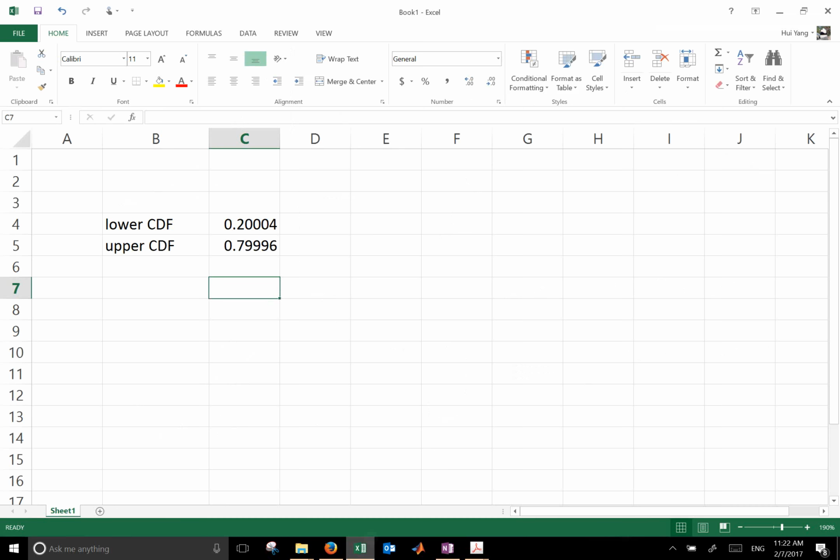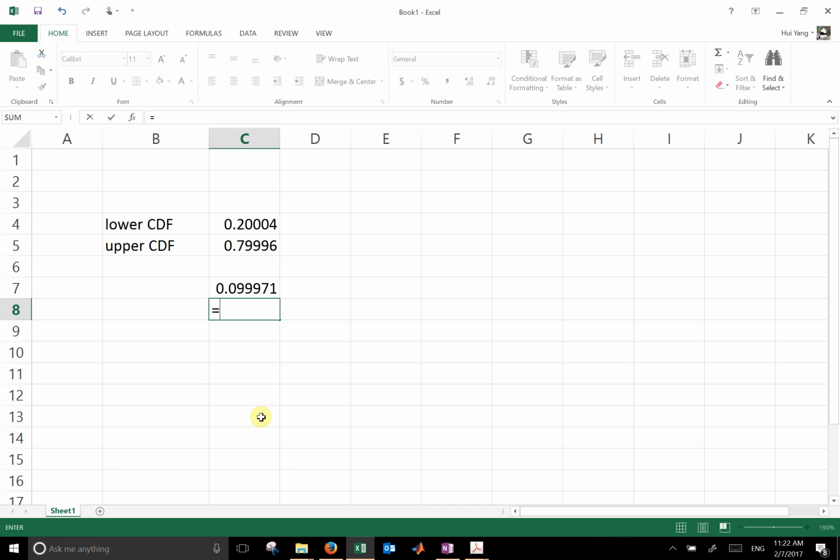Now let's try it. With the T distribution function, we have x as 1.886, and we can use 2 degrees of freedom and 1 tail. This should be 0.1, right? Let's see. Yes, it is 0.09, very close to 0.1.